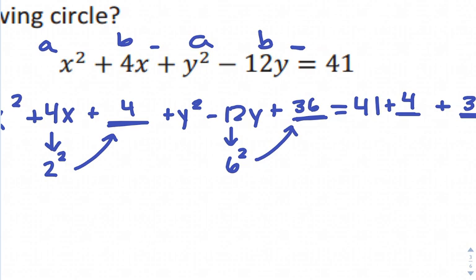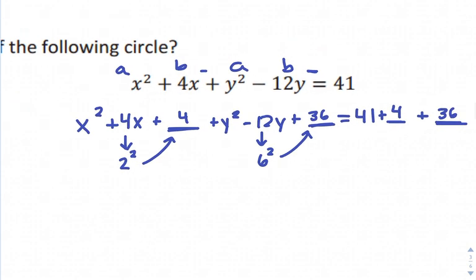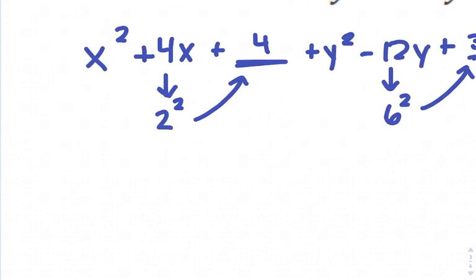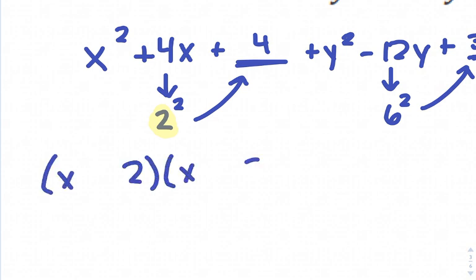So these spots are always going to be plus, and then you're always going to take your half of b and square it. Now if I look, half of b was 2, so I know that's what's going in my parentheses, x something 2 and x something 2. Now to figure out if it's plus or minus, we look at this sign here.